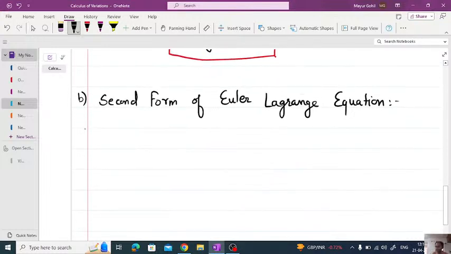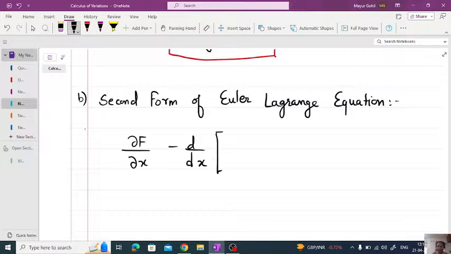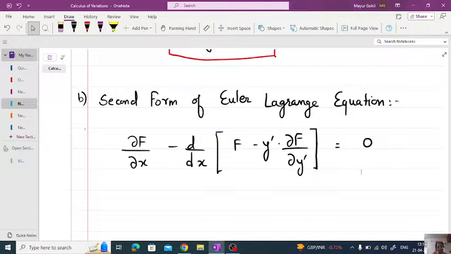What you do here is del f by del x, that is there in the first formula also. But now something extra is here: minus d by dx of f minus y dash into del f by del y dash is equal to 0. This is the formula. Alright. So you write down this formula carefully, and then we see another version in this also.